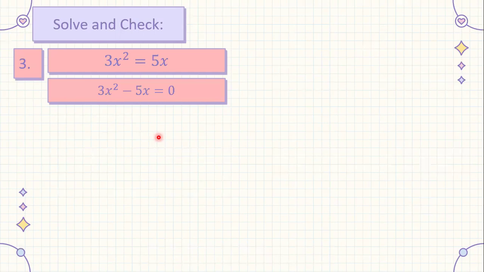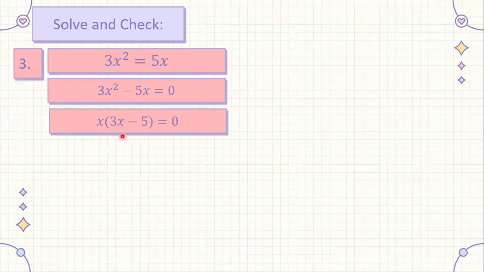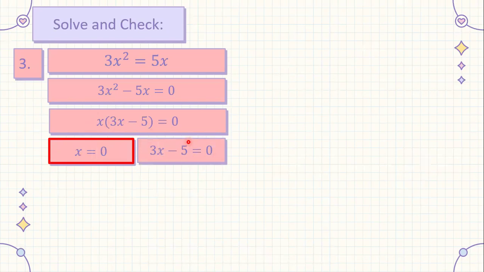For that, to have 3x squared, we multiply x by 3x. To have negative 5x, we multiply x by negative 5. So we have x times 3x minus 5. So, equate that to 0. Since this x is outside, that means x is now equal to 0. And we have 3x minus 5 is equal to 0.